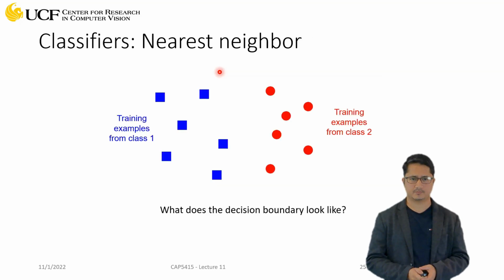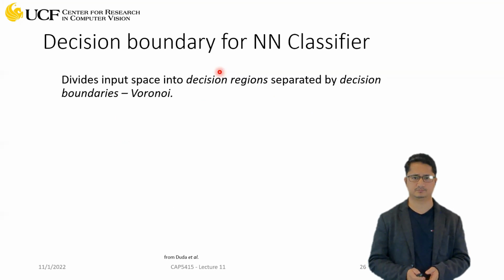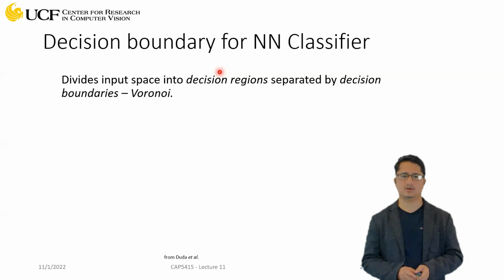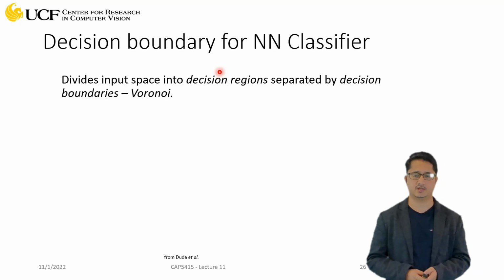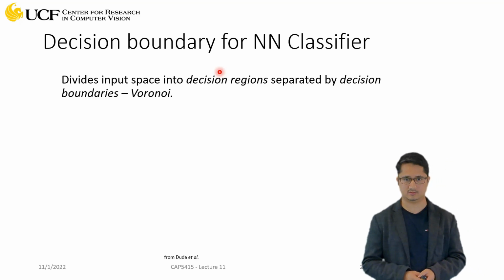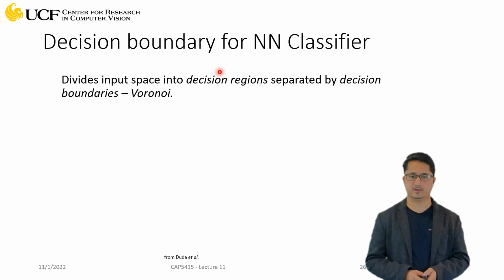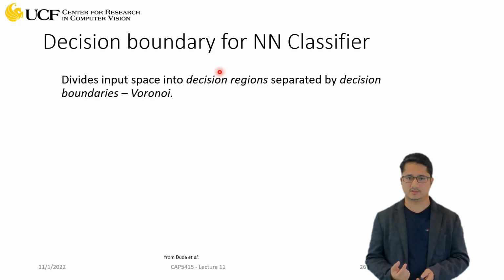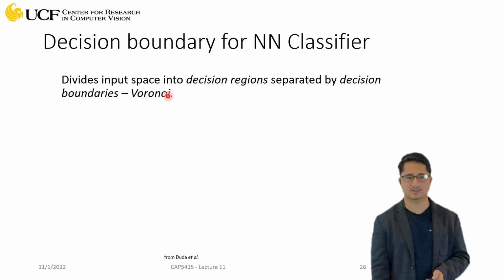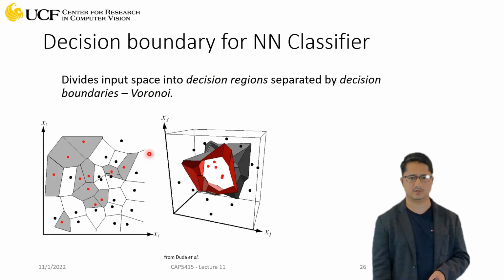Okay, that's fine. I think we can skip the slide. Now the question is, what will be the decision boundary in the case of nearest neighbors? Because what we are doing is, given a testing sample, we're computing distances from all the training samples, right? So it turns out this is a Voronoi plot.